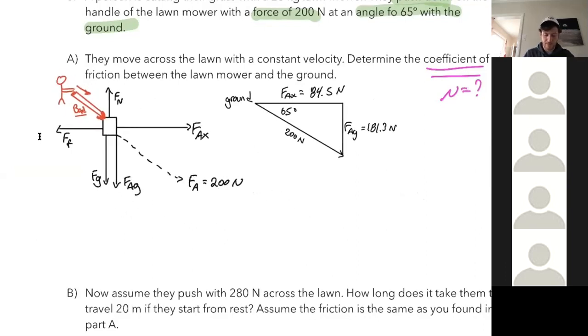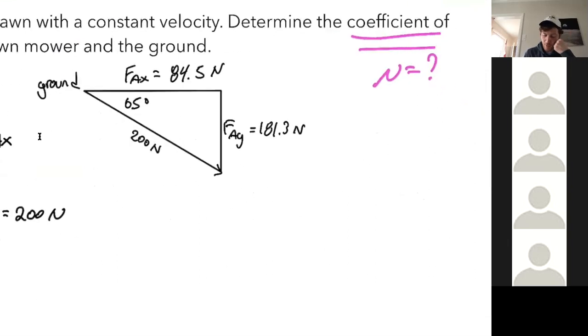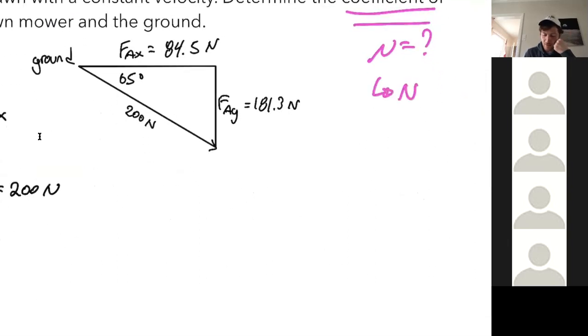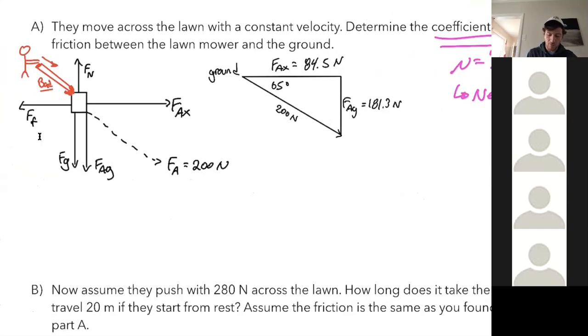There we go. Since we are looking for a coefficient of friction, in order to find that, we need our normal force. You just have to find it. So let's look at the sum of the forces in the y direction. We've got Fn going up, but now we have two forces going down: the force of gravity and the y component of our applied force.